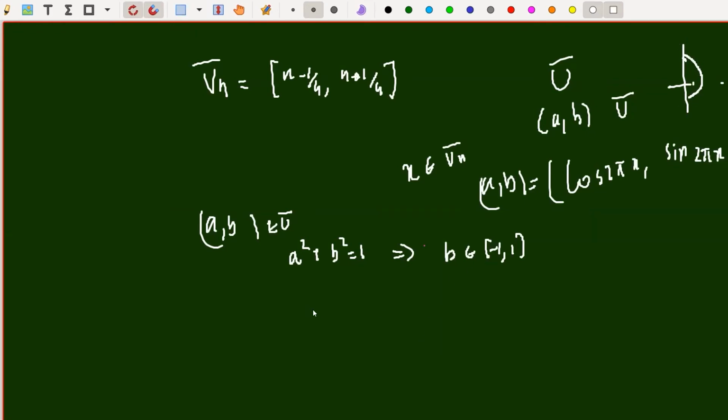Now we can observe that sine 2 pi of n minus 1 by 4 is minus 1, and sine 2 pi of n plus 1 by 4 is 1.